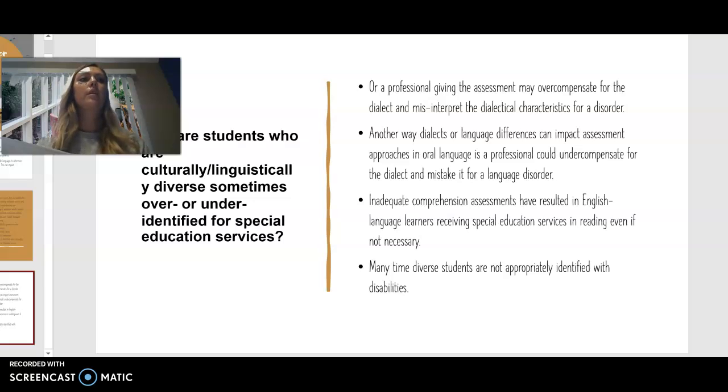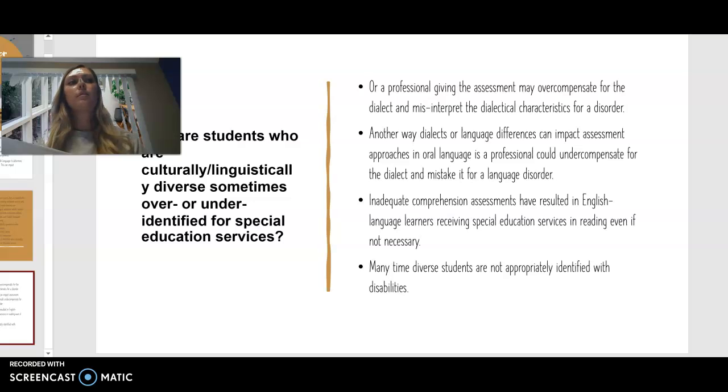This can include that they misinterpret the dialect characteristics as a disorder. Also, another way dialects or language differences can impact assessment approaches is that in oral language, a professional could overcompensate for the dialect and mistake it for a language disorder.